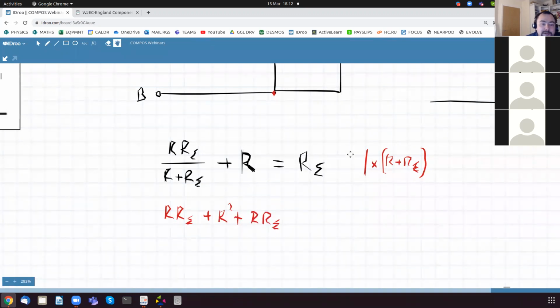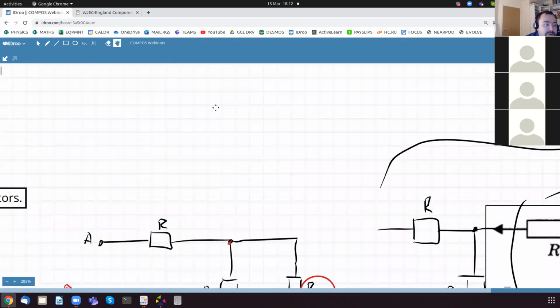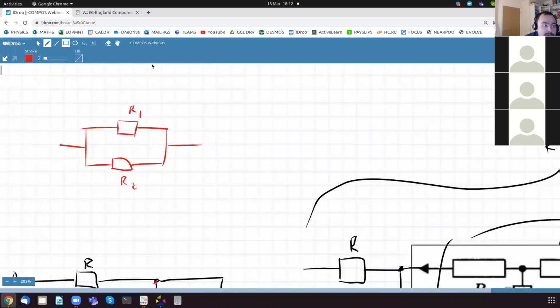Oh, okay. That's a good question. Sorry, I thought everyone knew that. If you have a parallel combination of two resistors R1 and R2, then 1 over R total is equal to 1 over R1 plus 1 over R2.